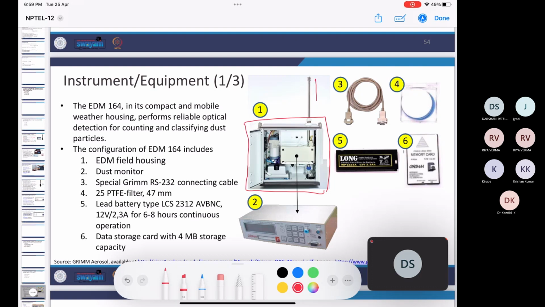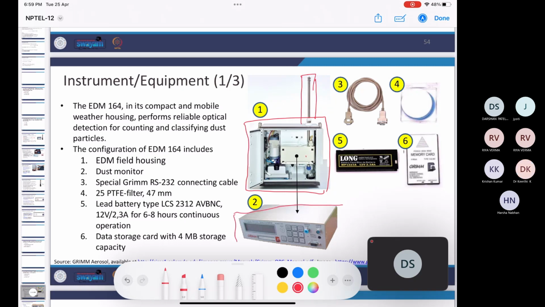This is your sample inlet for the outer casing. It has a heater pre-installed so that if the humidity levels are quite high, it can heat up the air, and then the dry air sample gets into this spectrometer.